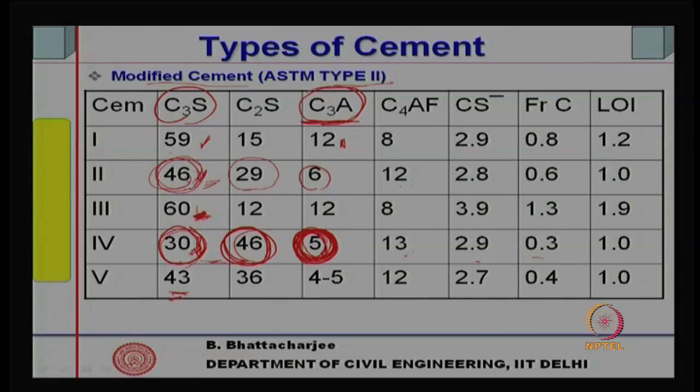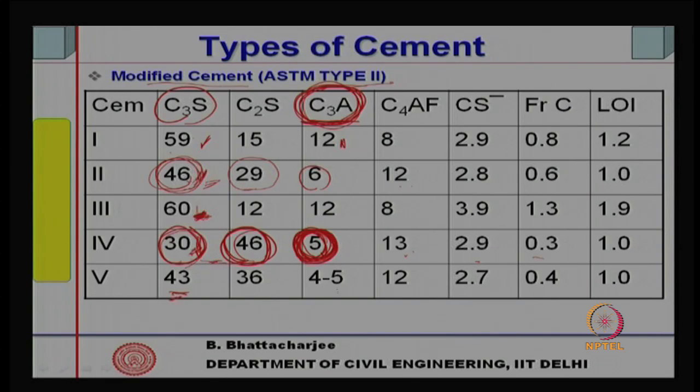This ettringite now tries to occupy more volume than the original reactants, and it will cause cracking of the concrete. That is sulphate attack. Anyway, we will discuss this at length sometime later, but at the moment what we have to understand is that it is C3A which is responsible for sulphate attack. Sulphate attack takes place through C3A.